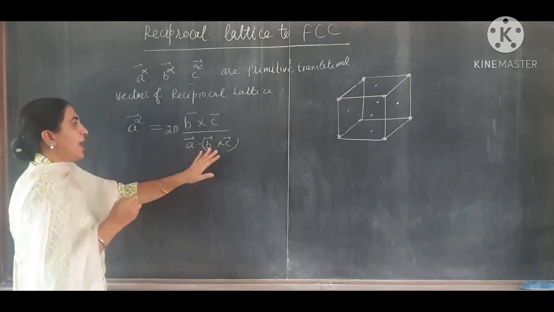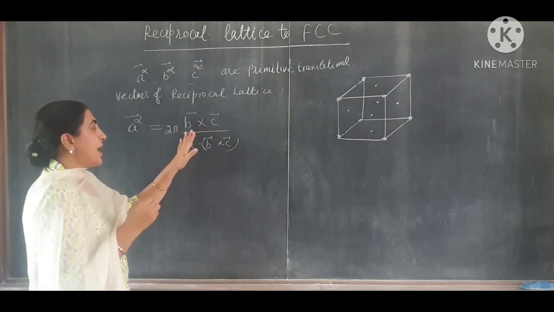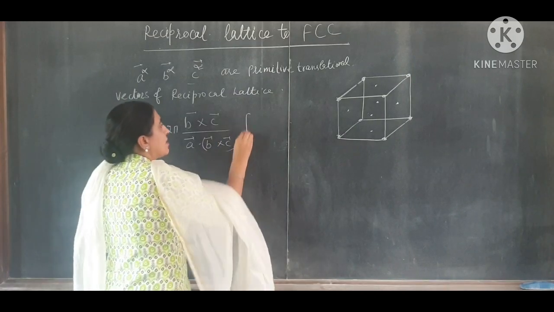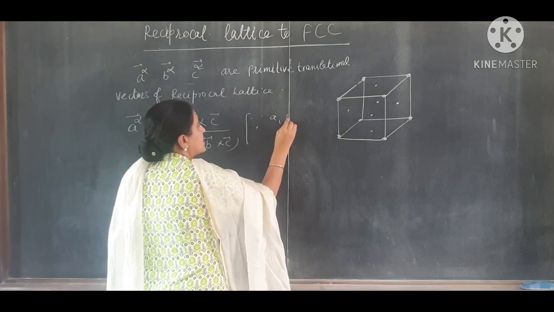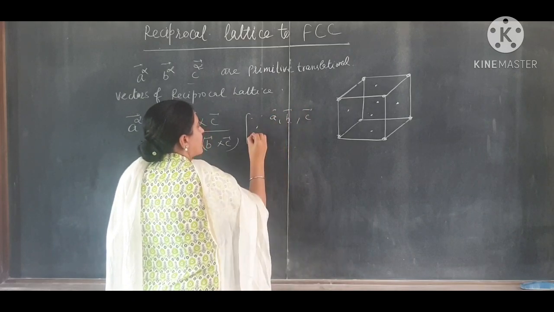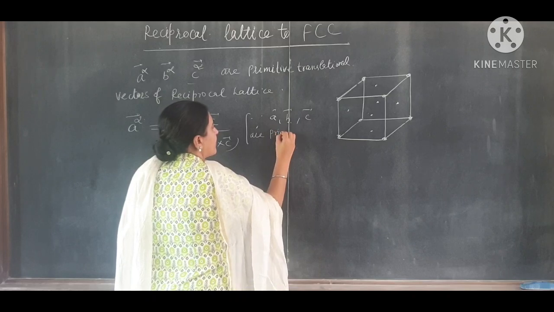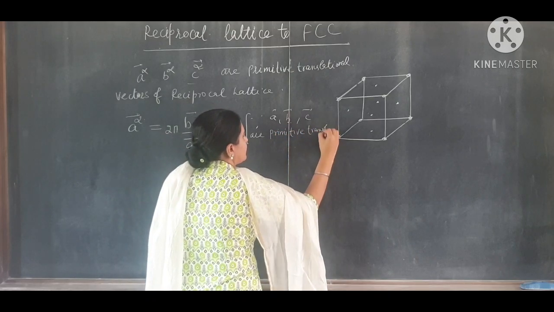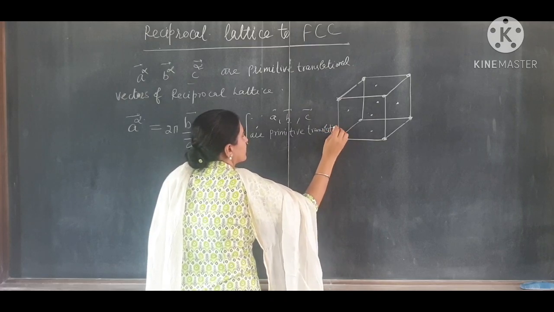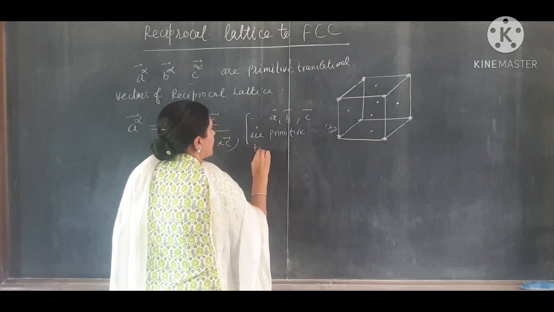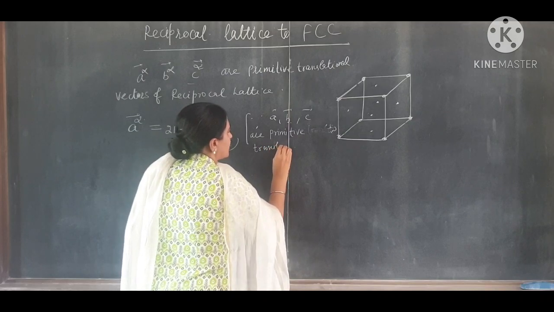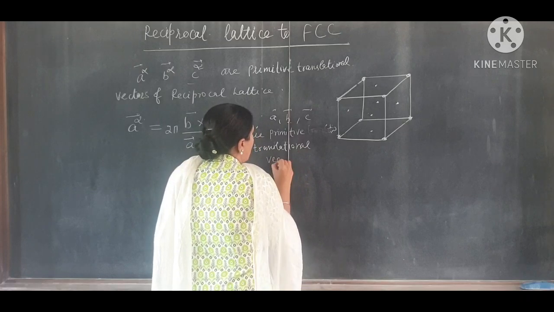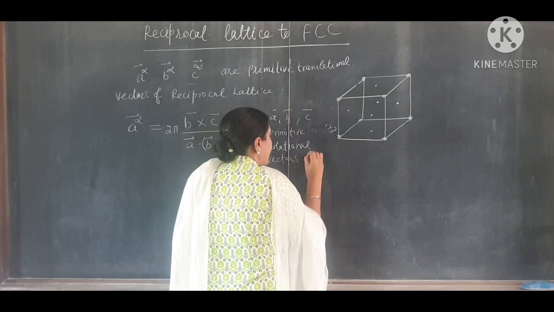Here, what are a, b, c? a, b, c are the primitive translational vectors of the direct lattice.